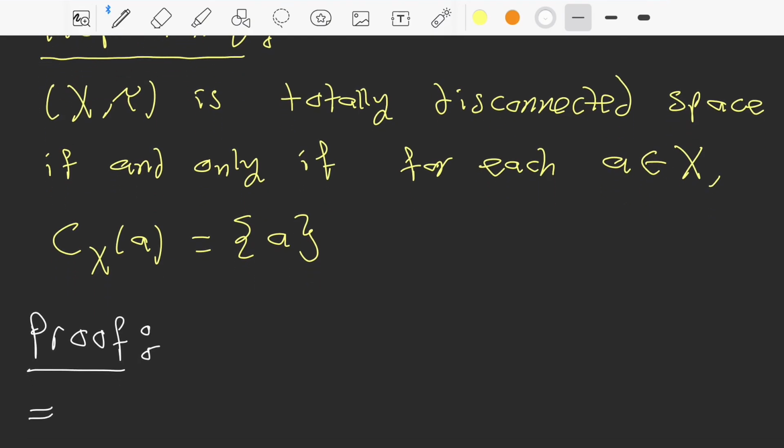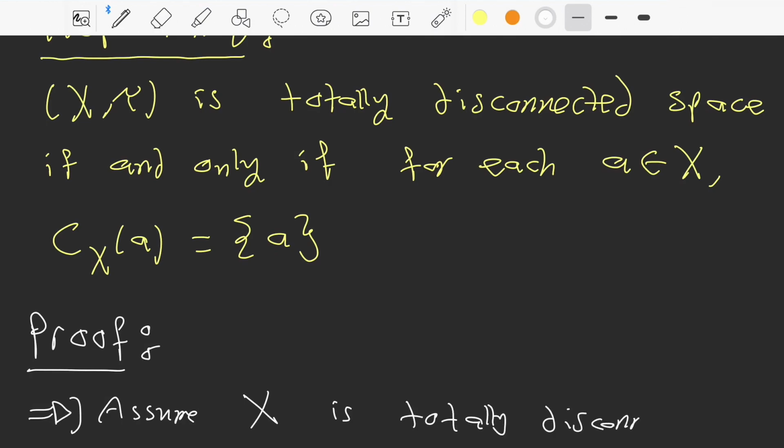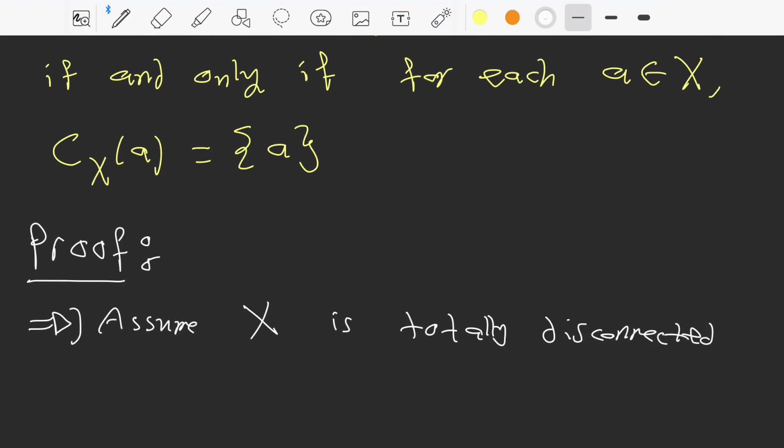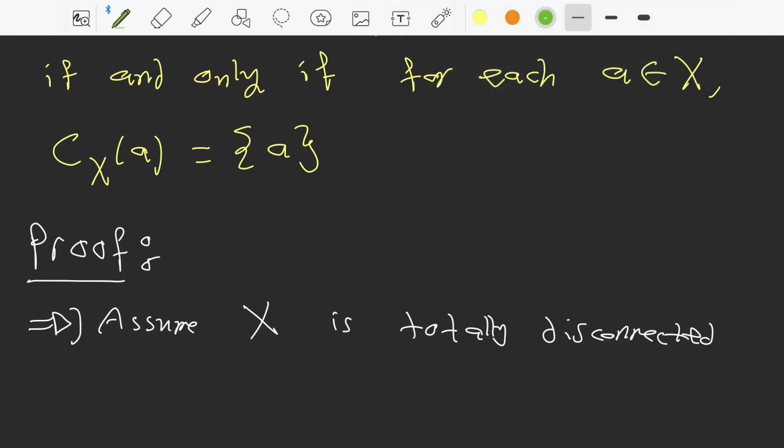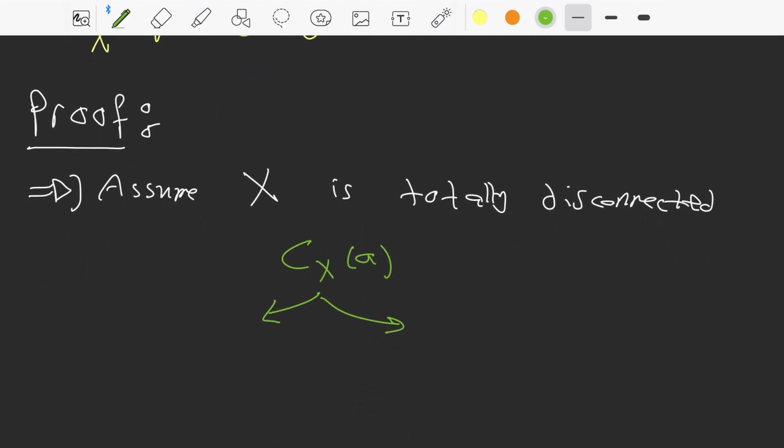we will go over the formal proof. So I will assume we have a space X which is totally disconnected, which means every non-empty connected set is a singleton. Now, if we look at our object here, this is the connected component containing A, we know two pieces of information in this context.